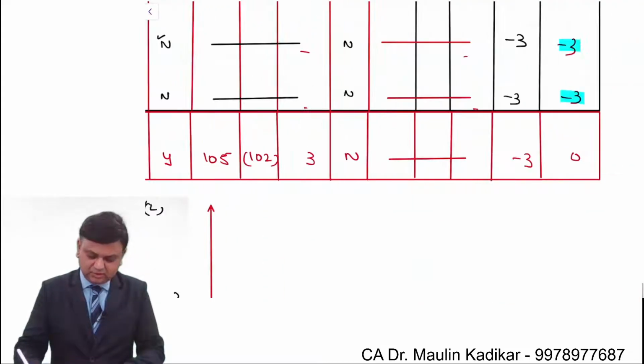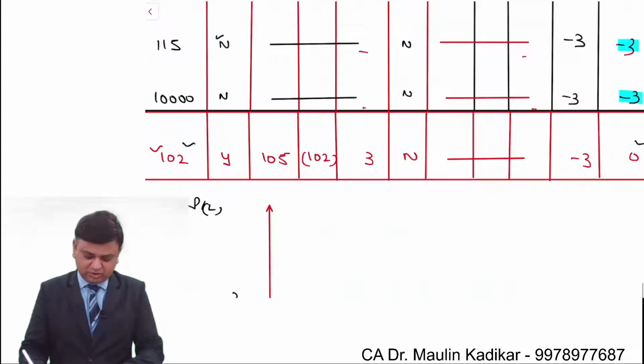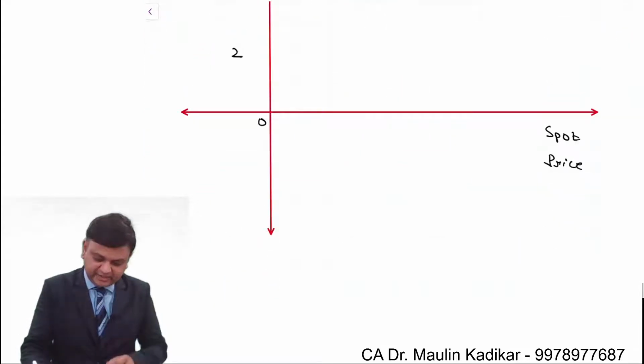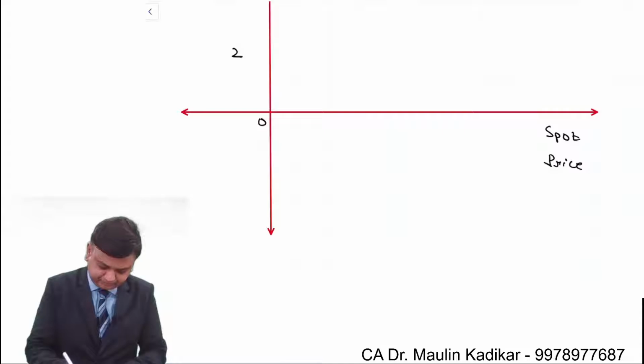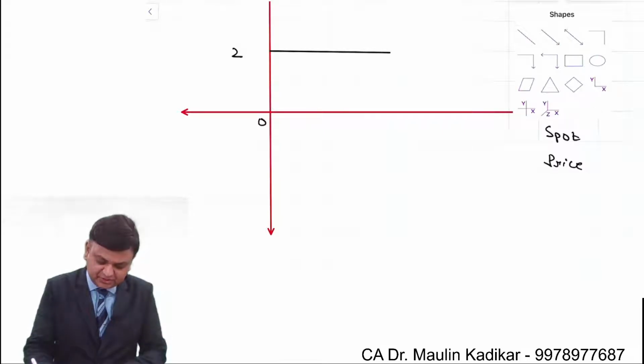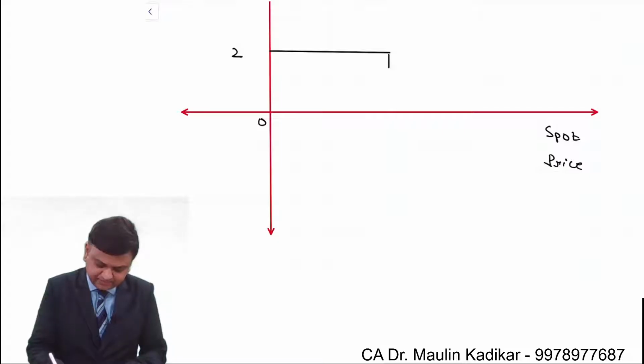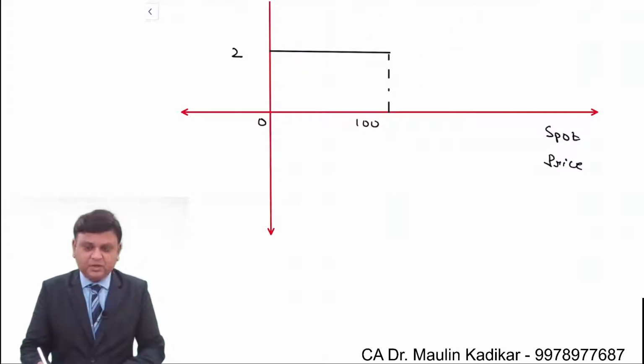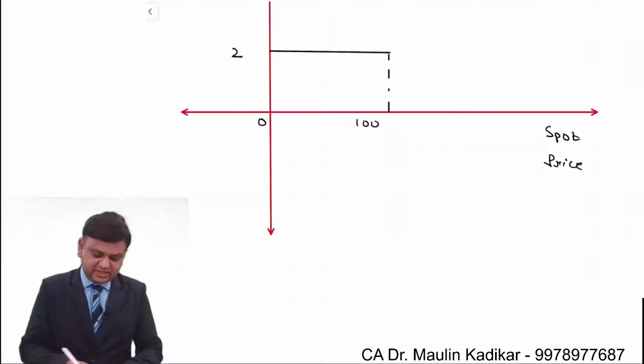At 102, there is a situation of no profit, no loss. So what happens, let's say over here, till the time the spot price of the equity share reaches 100, that is a constant profit of rupees 2. This is what we understand. Beyond 100, what happens, the profit starts falling down.